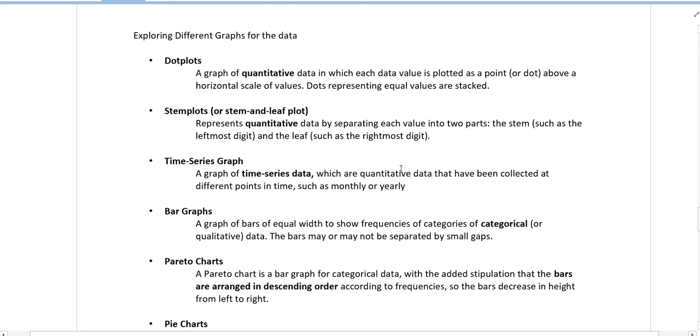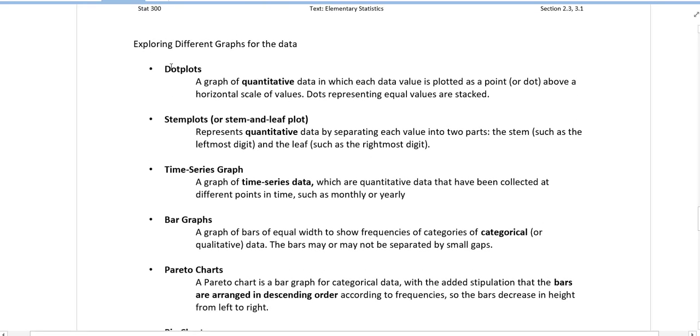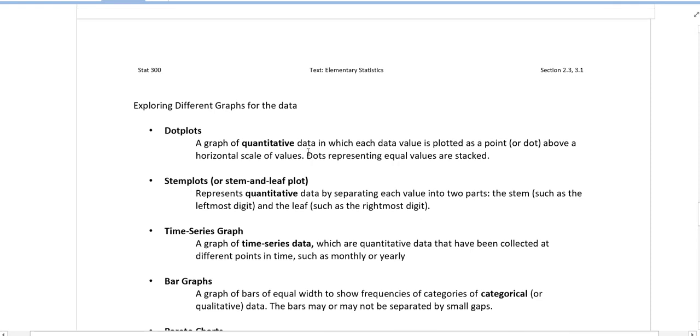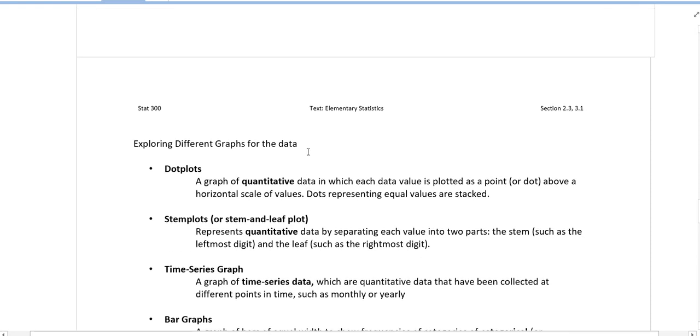So the ones that we're going to be using the most are dot plots, histograms and the box plot. So as a person, if you are a researcher and you're collecting data and you're doing statistics, most likely you will be using a dot plot. If you want to now present data in a research paper or present it to the media or anything like that, then you might use a histogram.